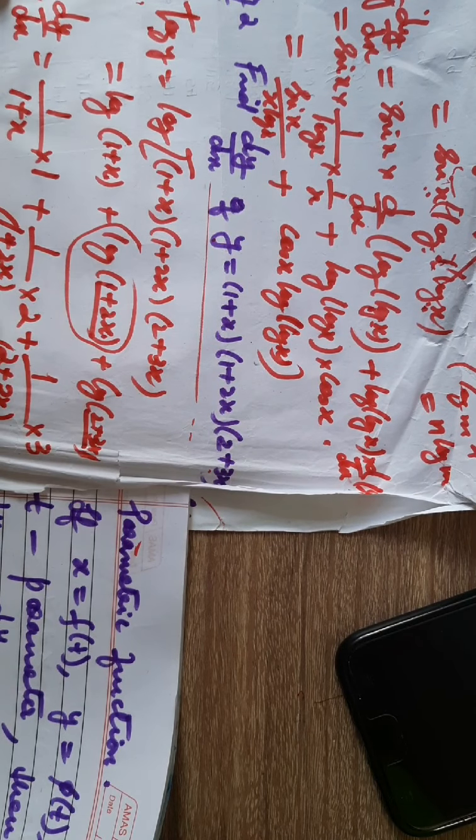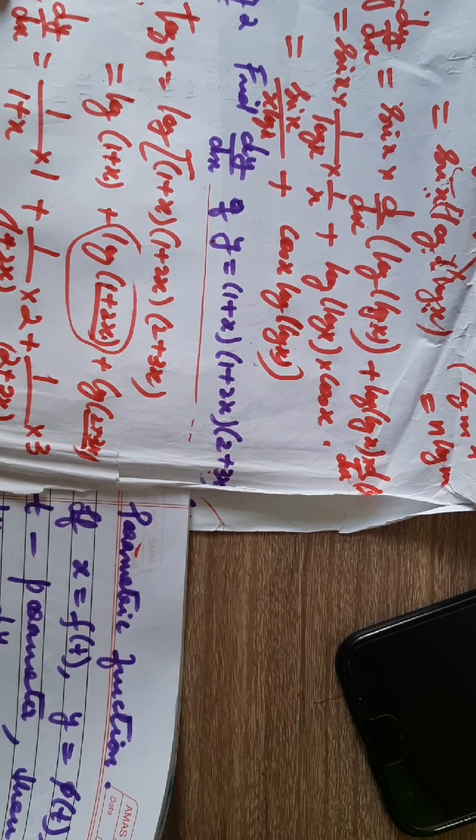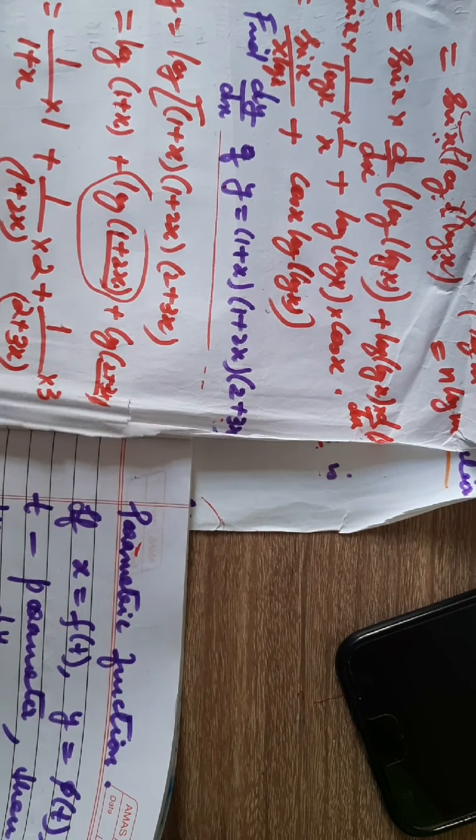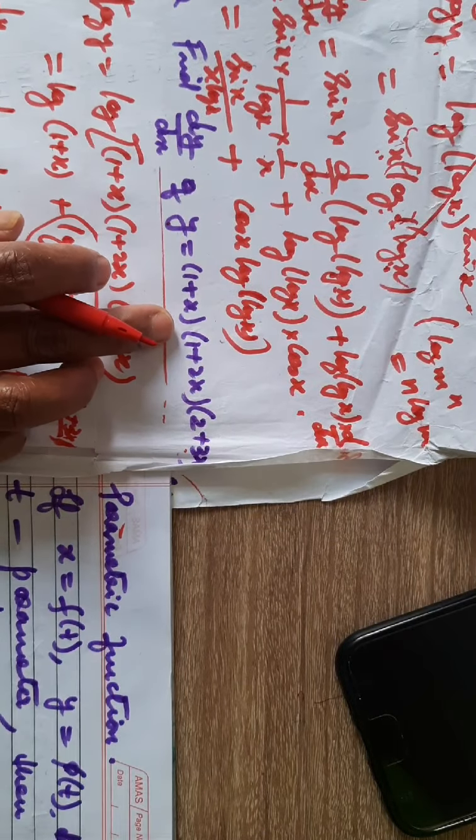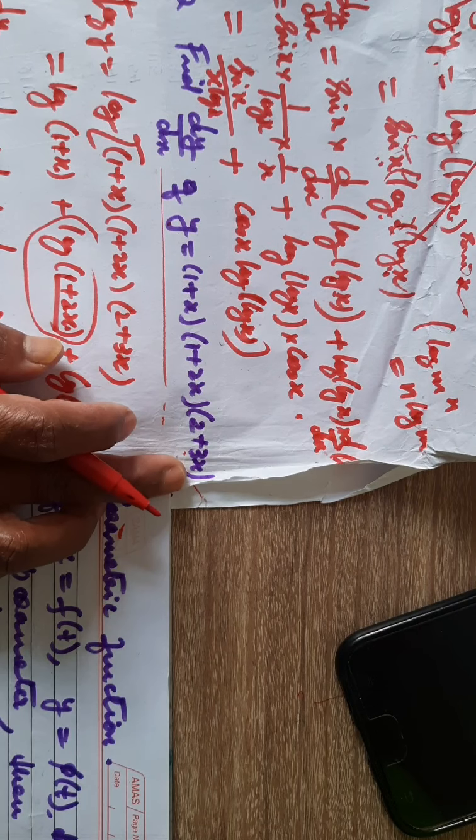So it will be 1/(1 plus x) plus 2/(1 plus 2x) plus 3/(2 plus 3x). So this is the derivative of a function of the form y is equal to (1 plus x)(1 plus 2x)(2 plus 3x).